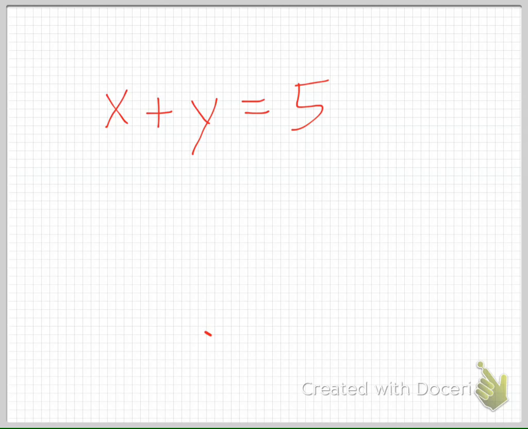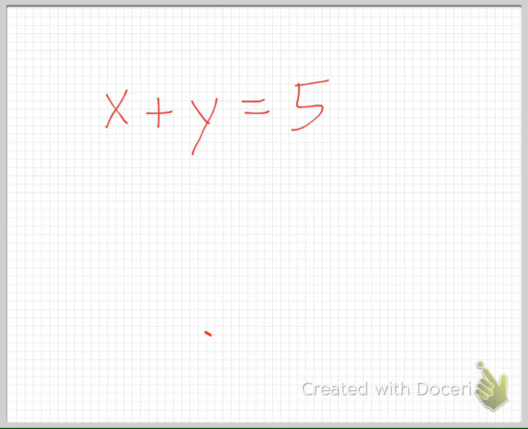Or 2.5 plus 2.5, because nobody said we had to have whole number solutions, right? Or -1.4 plus 3.6. Or -3 plus 8, or 8 plus -3. There are an infinite number of solutions once you get to equations that have 2 variables.